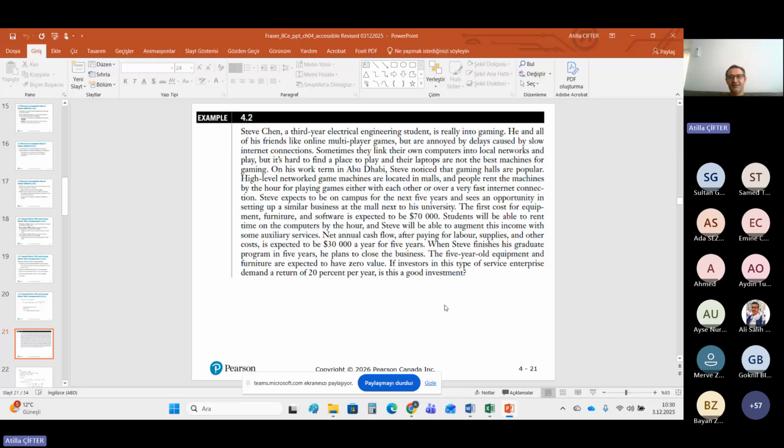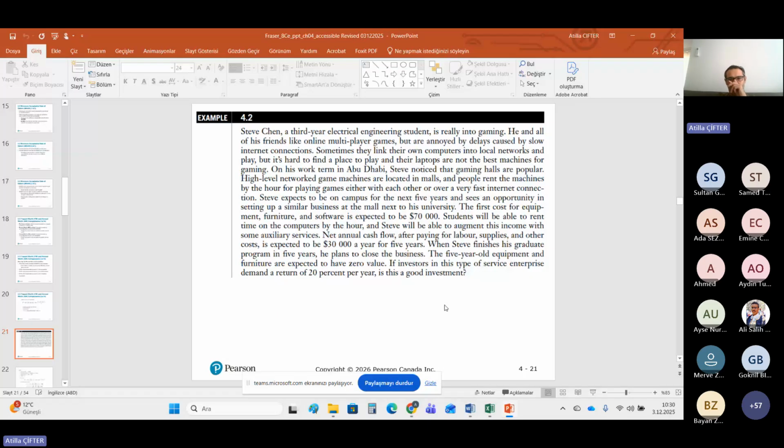Steve Chen, a third-year electrical engineering student, is really into gaming. He and all of his friends like online multiplayer games, but are annoyed by delays caused by slow internet connections. Sometimes they link their own computers into local networks and play, but it's hard to find a place to play, and their laptops are not the best machines for gaming.